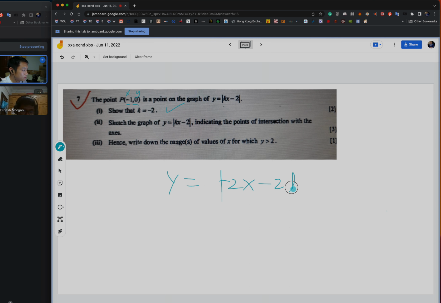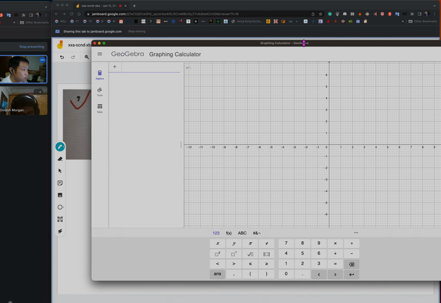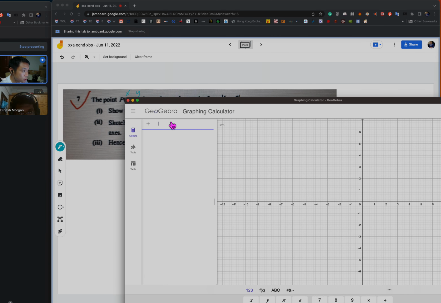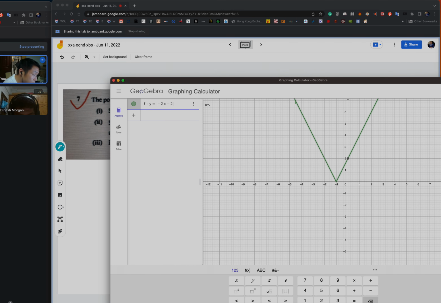So let me use my graphical calculator on my side, and then you use yours on your side. So see, you get the same one as mine. Minus 2x minus 2. Yep, I'm getting mine already.